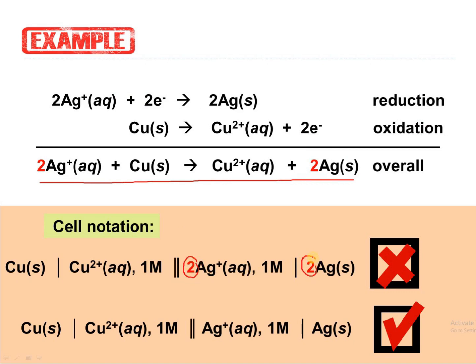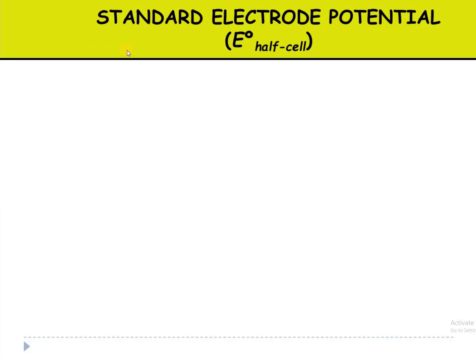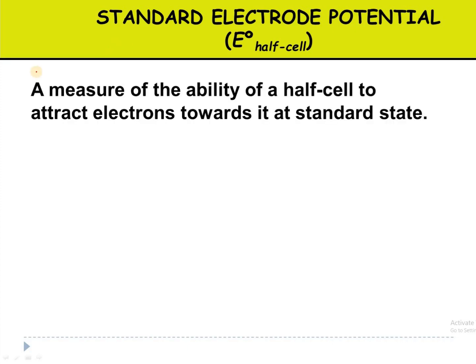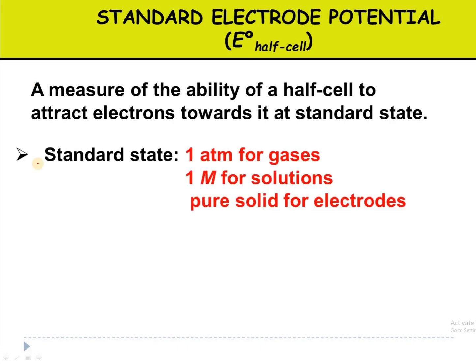The last topic for 3.1 galvanic cell, students must know about standard electrode potential in a half cell. What is a standard electrode potential? The standard electrode potential is a measure of the ability of a half cell to attract electrons toward it at standard state. For the standard state, the gas must be at 1 atm pressure.